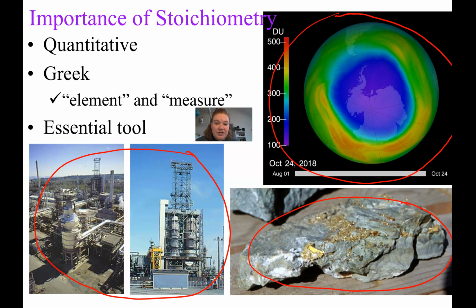And so there's a reaction occurring between those chlorofluorocarbons and the ozone that has a stoichiometric relationship. And so we can figure out how much of the pollutant has been added into our environment to create that hole in the ozone layer. So it can be used on very large scales, very small scales, but it's a very important tool.